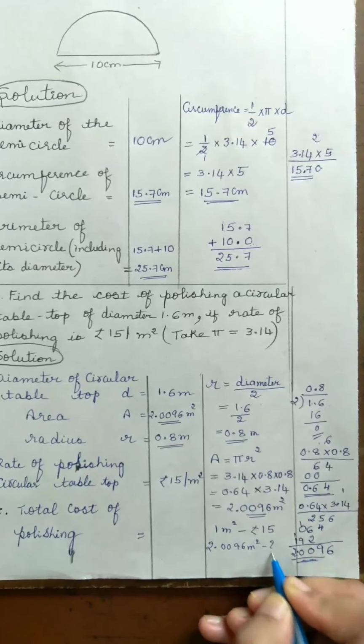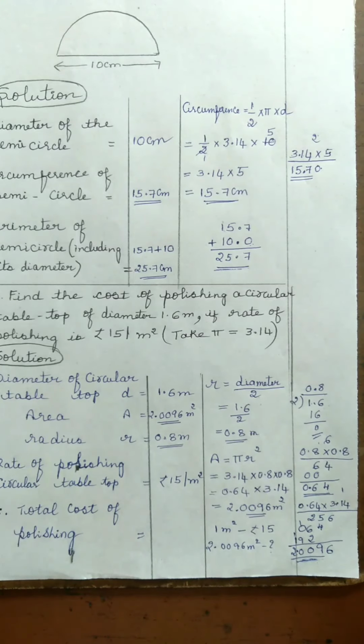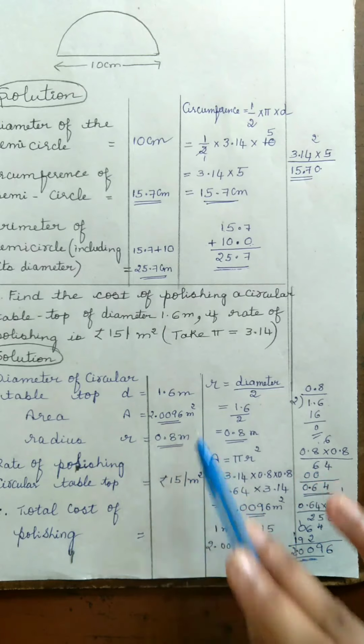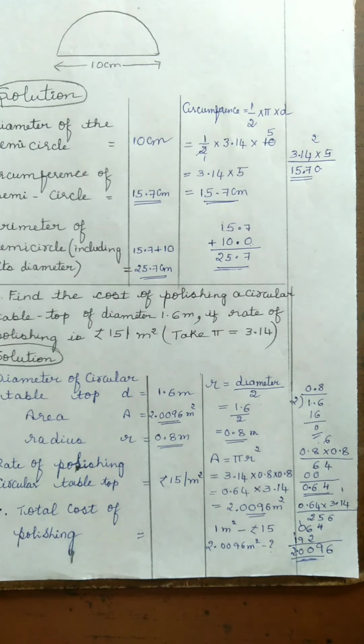It is how much? Now we need to find out the total cost of polishing. So to find that, we know that in the question itself they have given, for 1 meter square it is rupees 15. We have got the area by the calculation, that is 2.0096 meter square. It is how much rupees?